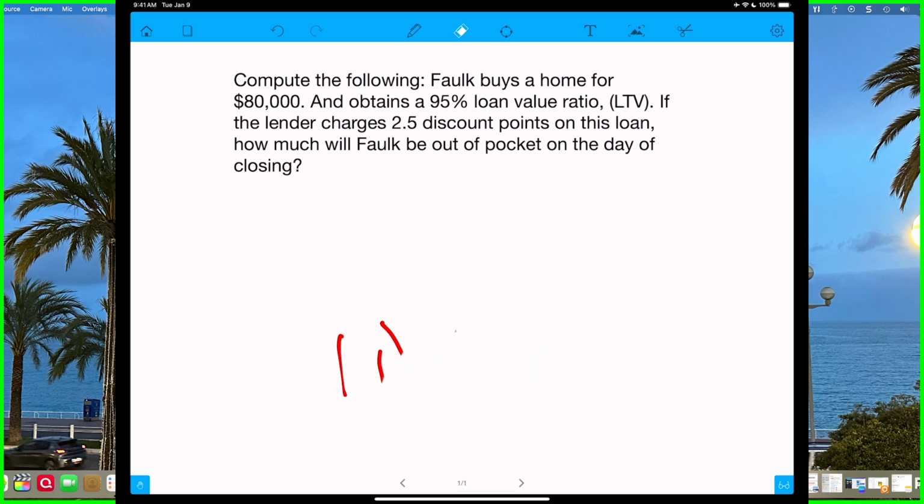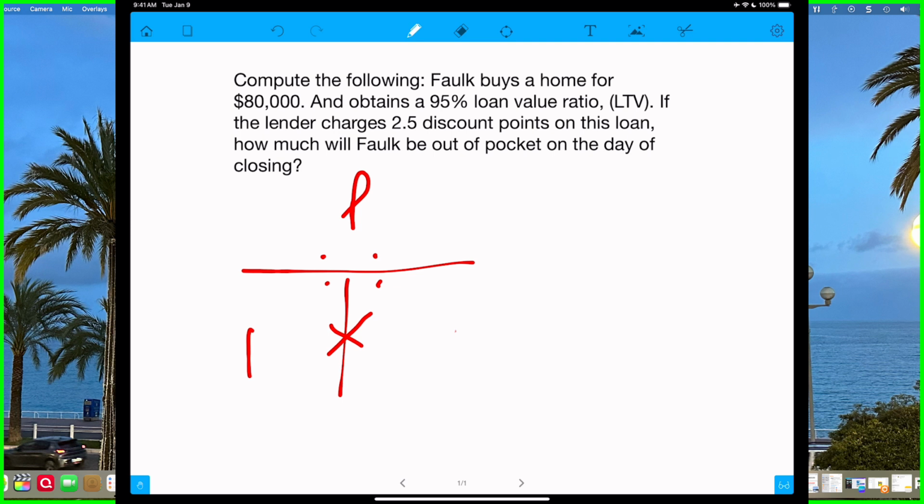Okay? So if Falk is buying a home for $80,000, probably need to update some of my math problems to reflect current market values.